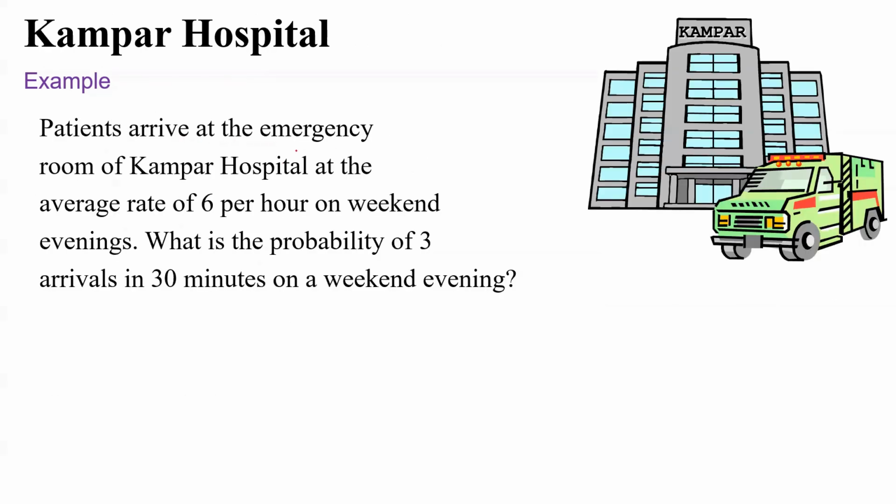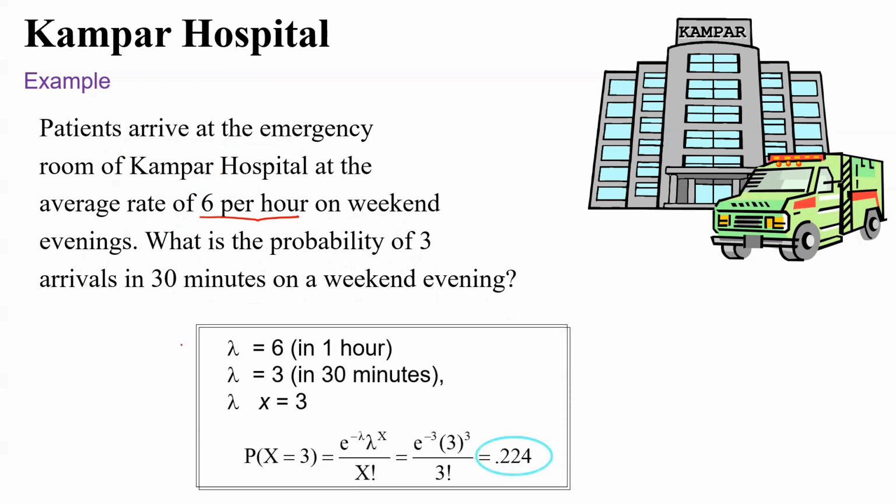Patients arrive at the emergency room of the Kampa Hospital at an average rate of 6 per hour, meaning 6 people per hour on a weekend evening. Now, what is the probability of 3 arrivals in 30 minutes on a weekend evening? This is the information that we know.